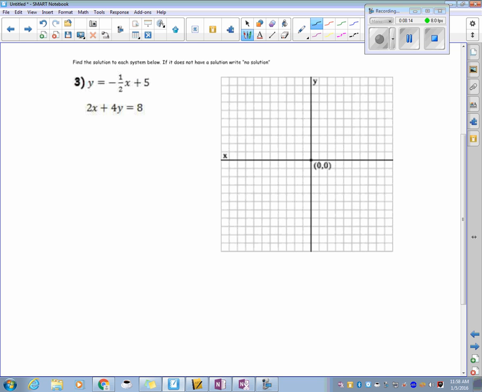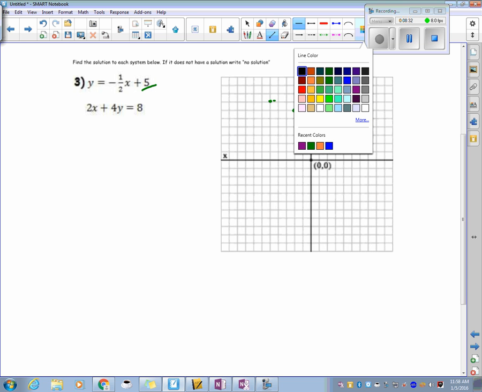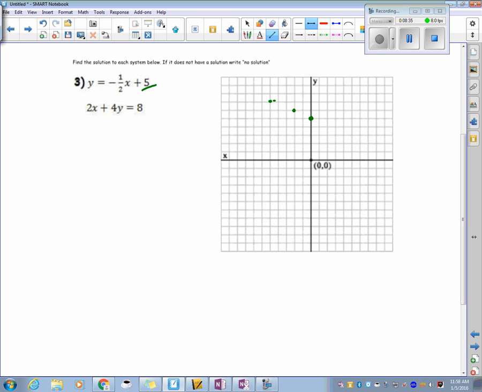So all we need to do is graph the y-intercept at 5 and use the slope of negative 1/2 to draw our line.